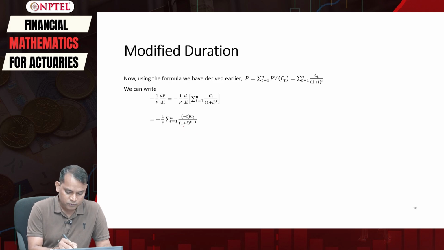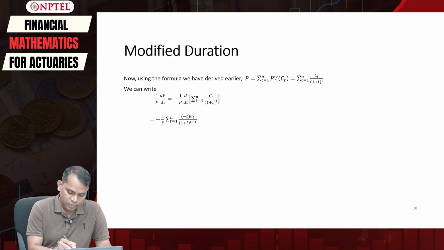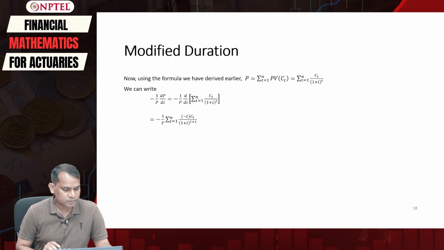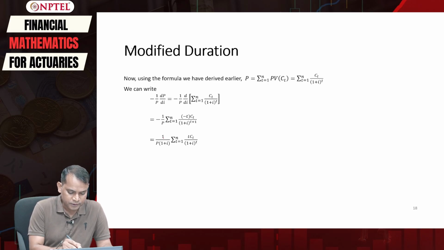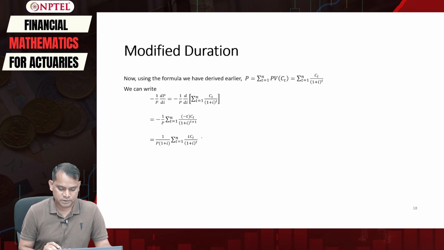Now we can have this (1 plus i) to the power t multiplied by (1 plus i) to the power 1, and then take this (1 plus i) to the power 1 out, so that I have just taken it here. So 1/P times 1/(1 plus i) times the summation of t Ct divided by (1 plus i) to the power t.